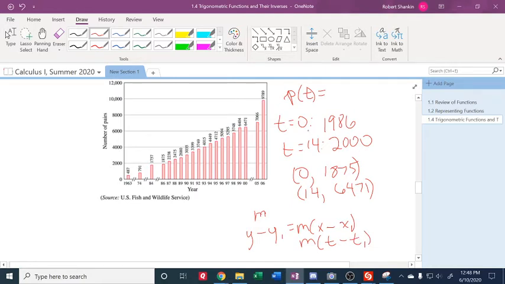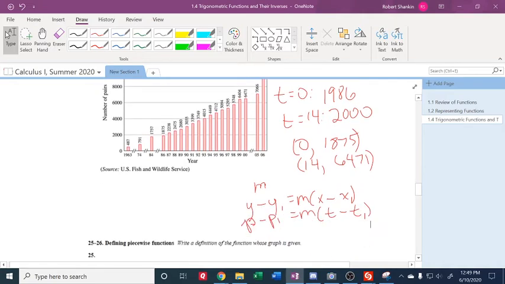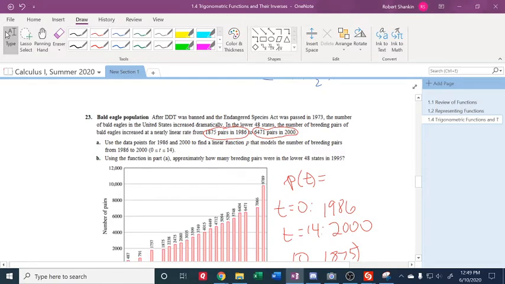Now this actually has a y-intercept, so the equation might even be easier. Once you have the equation of the line, then you can answer this question. How much do you expect in 1995? That's 9 years after 1986, so t will be 9, and you plug t equals 9 into your equation. So that's as far as I'm going to do number 23, giving you a brief overview.